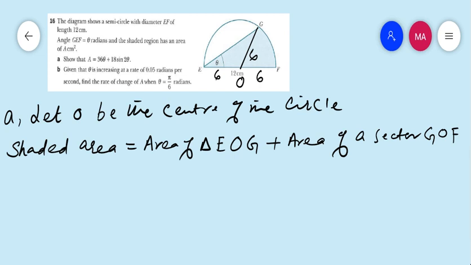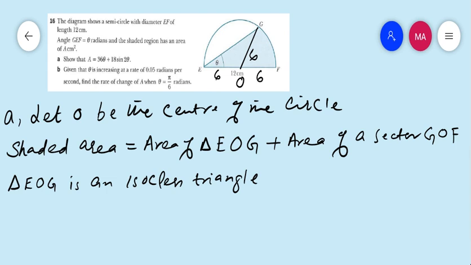Now, can I say triangle EOG is an isosceles triangle because two sides are equal, which are radius.